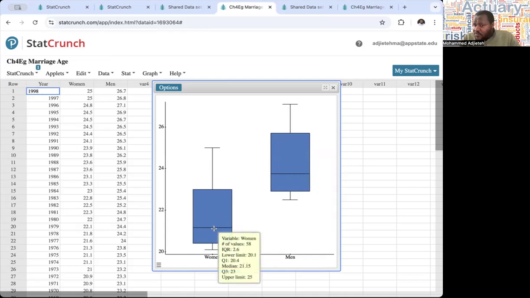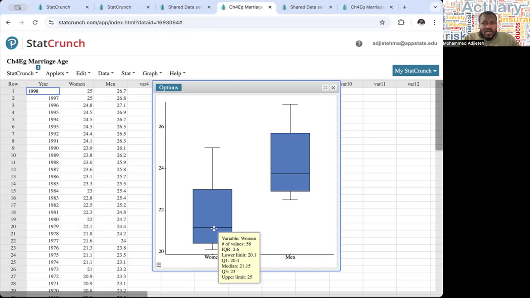Look at the median age for women. So we can see from these box plots that women in the US seem to marry earlier in life than men.